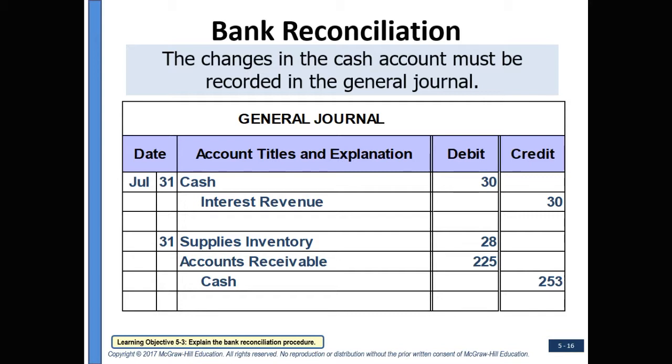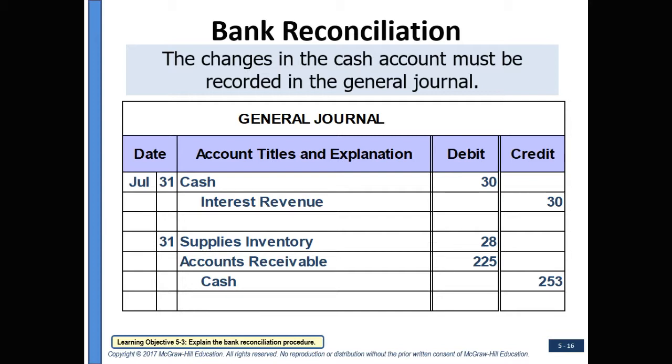One would say supplies entry debit $28, cash credit $28, with a descriptive explanation of to correct check number 781, originally entered for X amount, was written for Y amount.